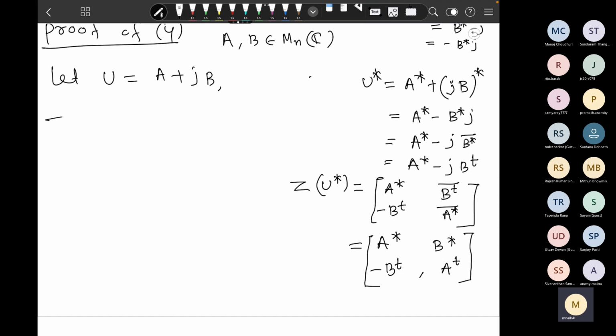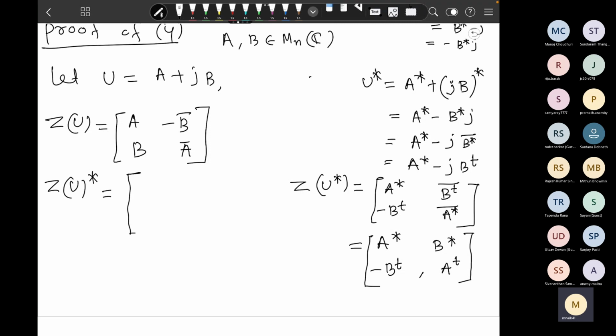Okay. Now this is my thing, ZU star. Now what is ZU? ZU is equal to A, B, minus B bar, A bar. Now what is ZU star? First I will take the transpose, then I will take the bar. If you take the transpose, you get A transpose, minus B bar transpose, B transpose, A bar transpose. Only transpose I have taken, so I have to take the bar everywhere.